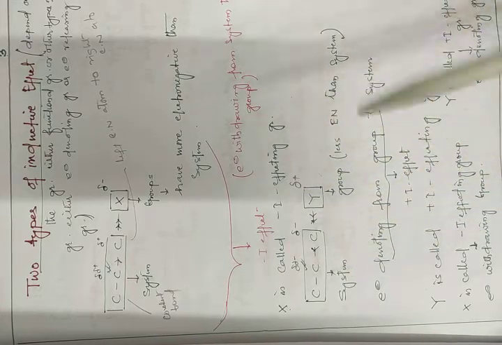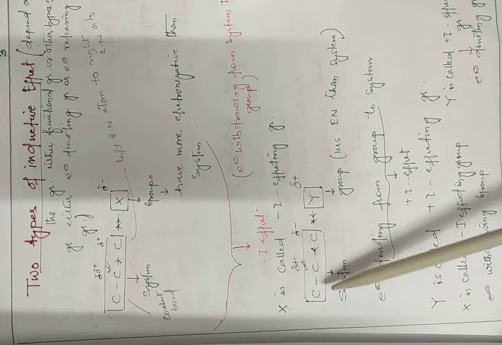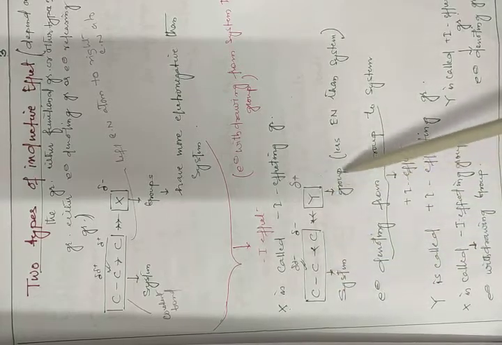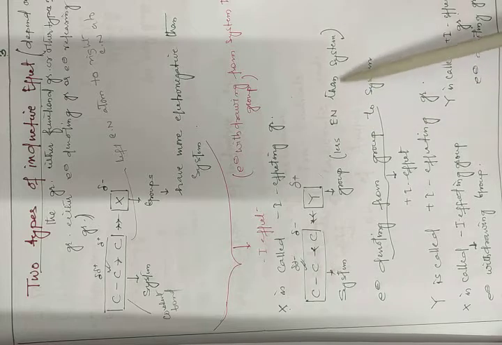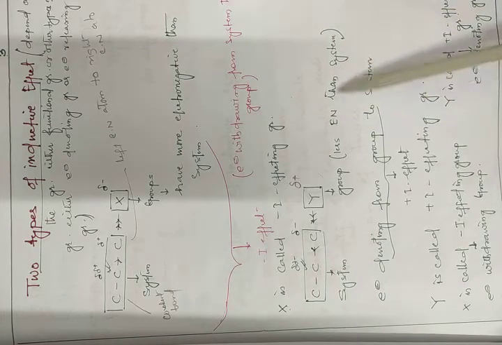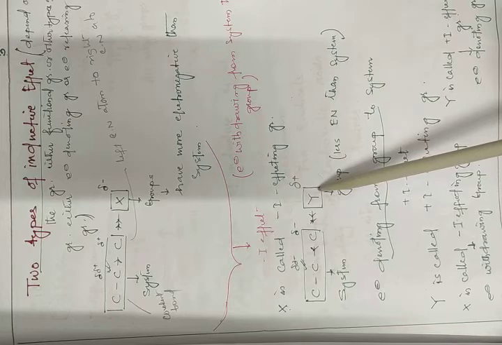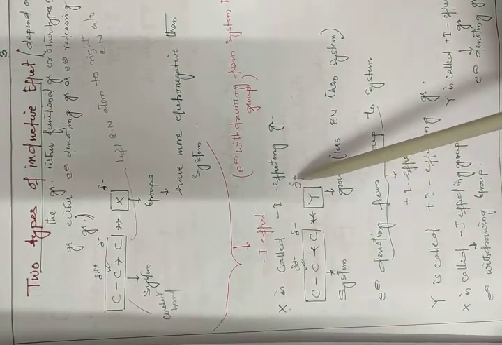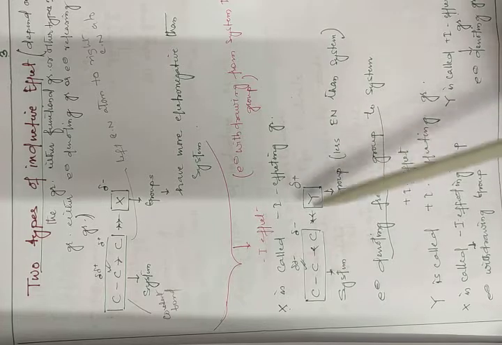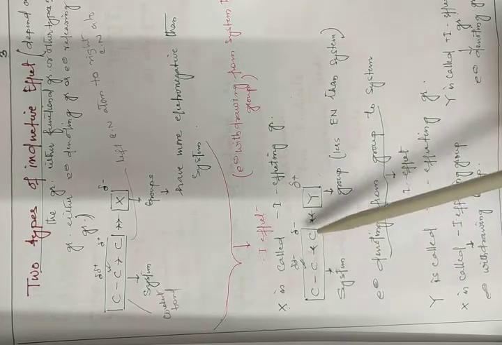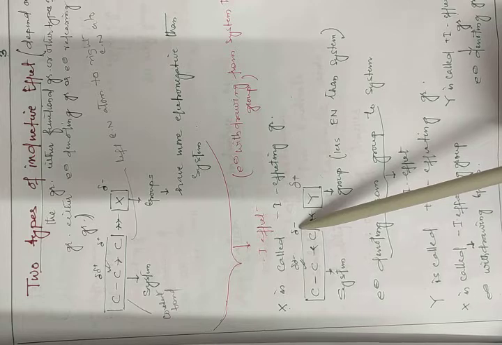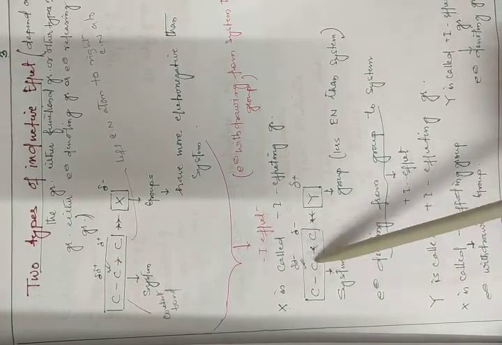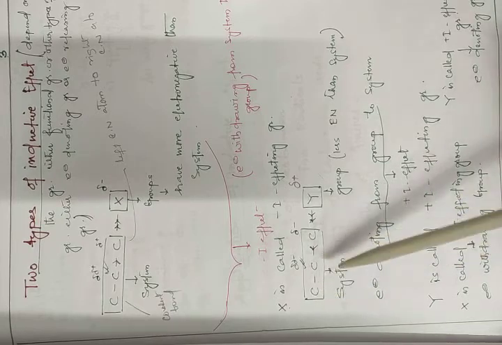Now here, another one, 1 2 3, is also the same as this. Here this is less electronegative than the system, so this one is less. If it is less, then this Y will be represented as positive, and the carbon will have more electron density, so it will be represented as a del negative. So this one has more, this one less, this one less, in the system.